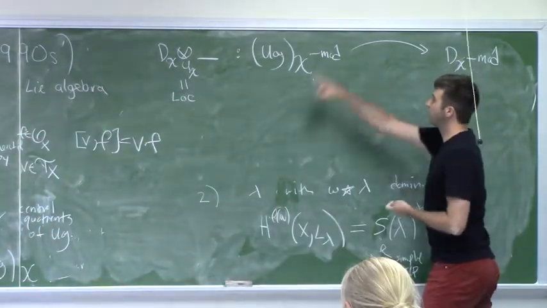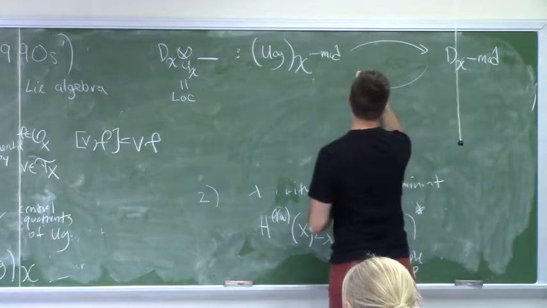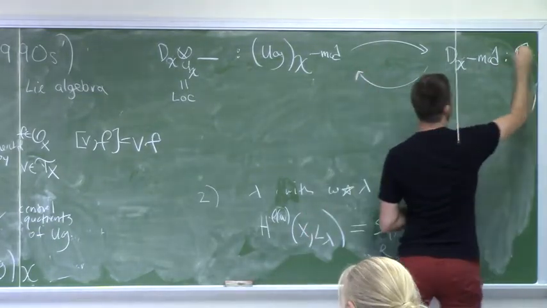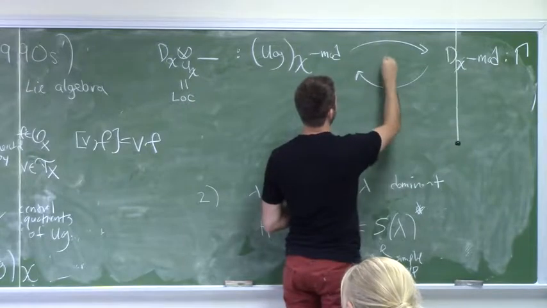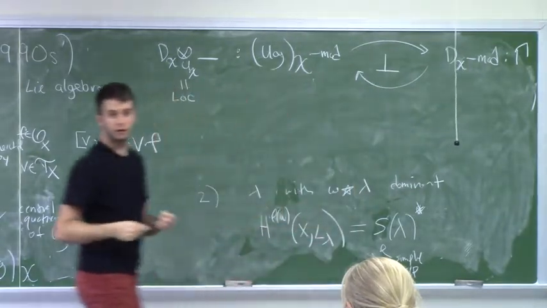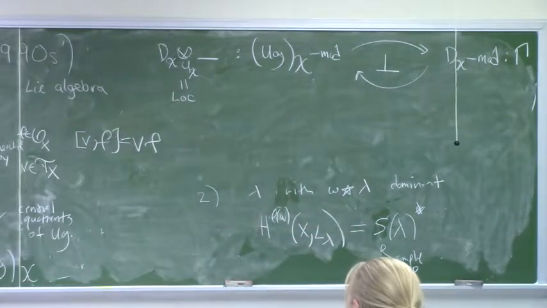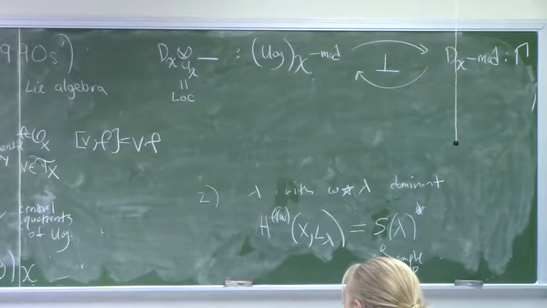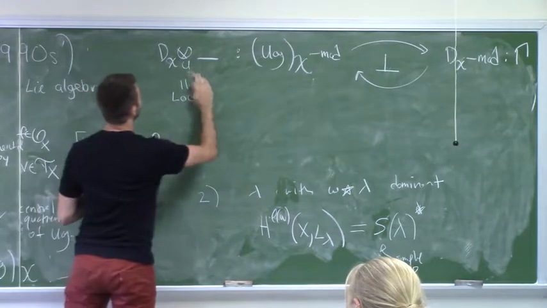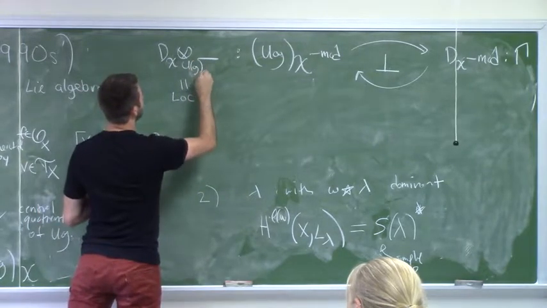So that's the first thing. And then the second one is just global sections. And these things are a pair of adjoints. I don't think I ever wrote down a U_chi. Oh, I did. I'm sorry. Yes.